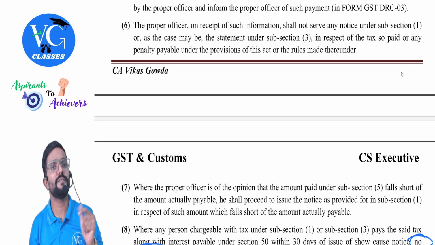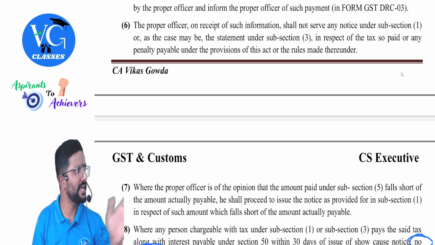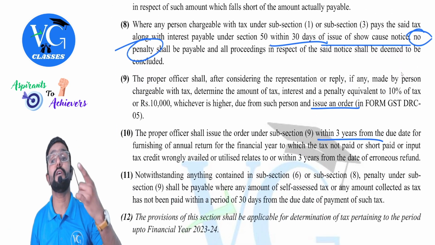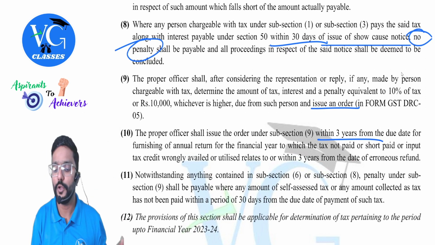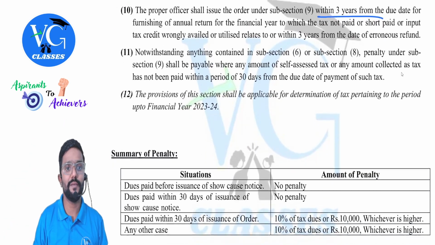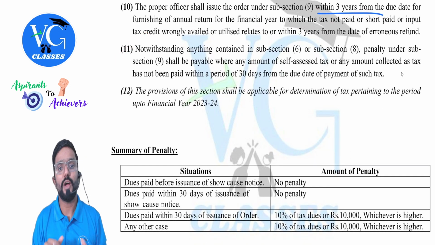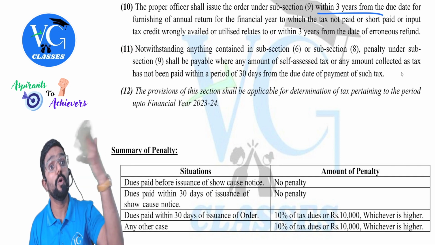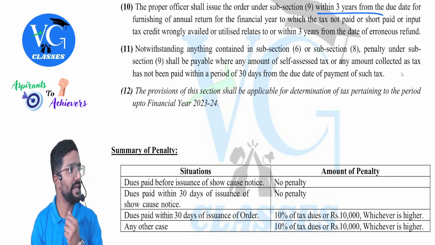In that case, proper officer can tell, okay, we will end it here. Yes, no notice. Then subsection 8, they told, within 30 days of receiving notice, if you pay, no penalty. Now, subsection 11 is talking about it. Notwithstanding anything contained in subsection 6 or 8 means subsection 11 will override 6 and 8.